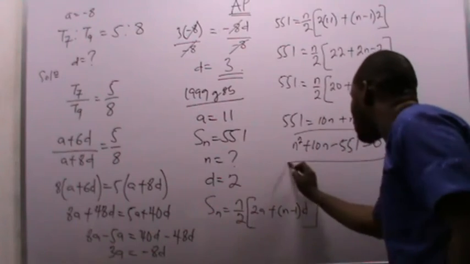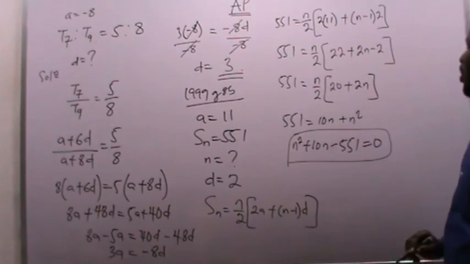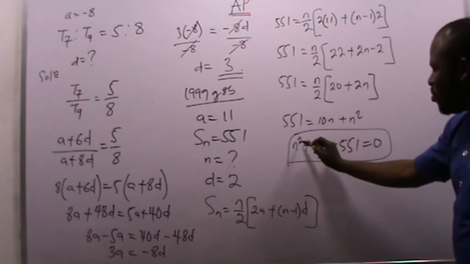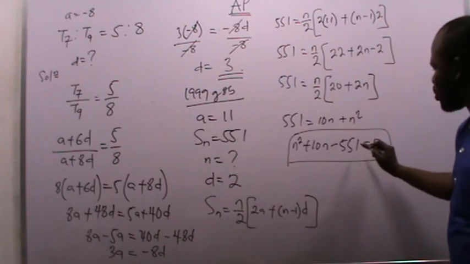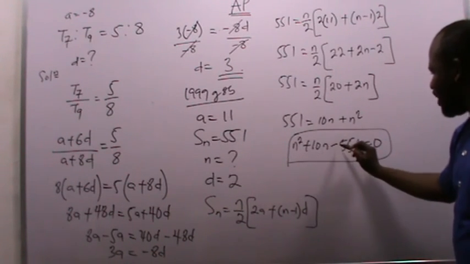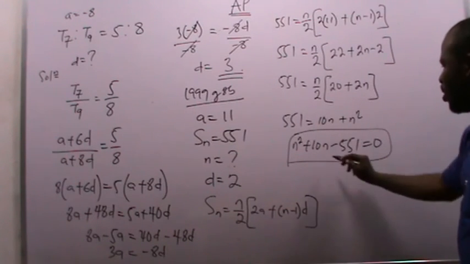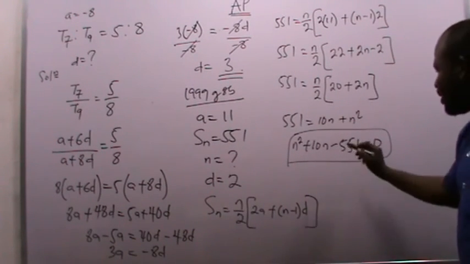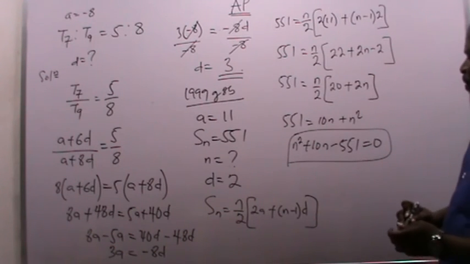And this is what we call a quadratic equation, when the power of the variable is reducing from 2 to 0. So we need to know quadratic equation to be able to solve this question. So how do we solve it?